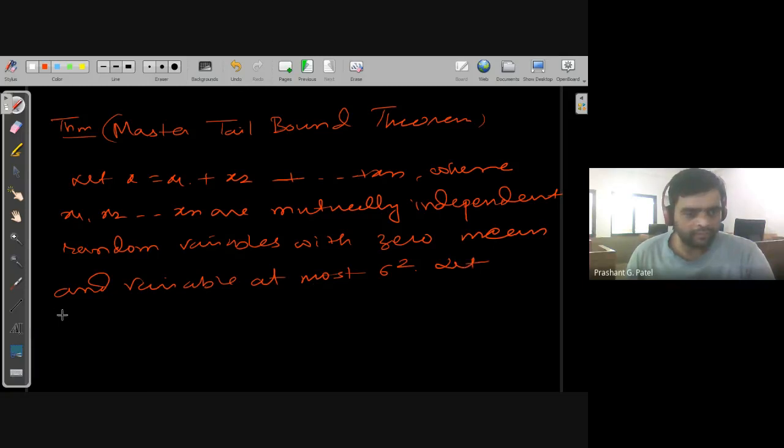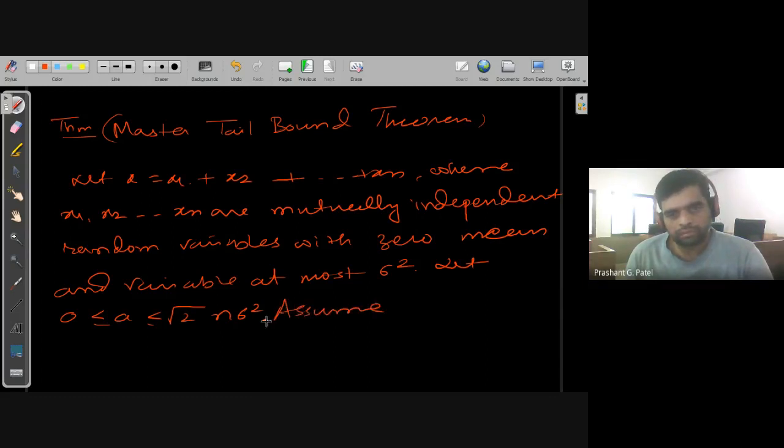And let a be bounded by 0 and root 2 n sigma square. And assume that the expected value of the modulus of xi raised to s is less than or equal to sigma square s factorial, for s equal to 3, 4, up to the integer part of a square upon 4n sigma square.